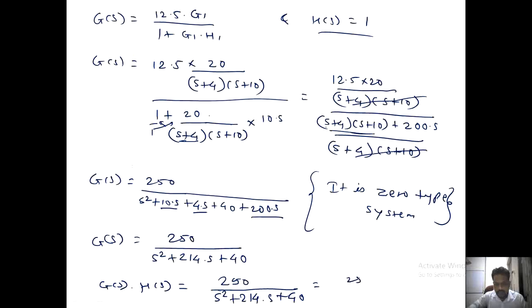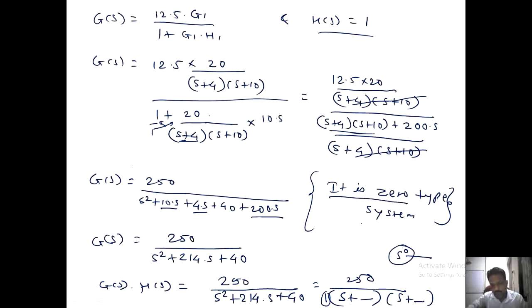So if you write like 250 by s plus something and s plus something, the type of system is judged by the single s present in the denominator. Outside the brackets there is no single s present. What does it mean? There is 1, and 1 will be there when s to the power 0 is present. On the basis of this we can judge it is a 0 type system.